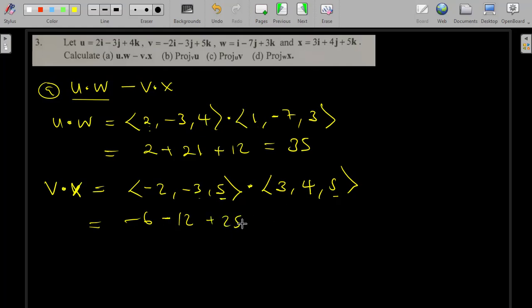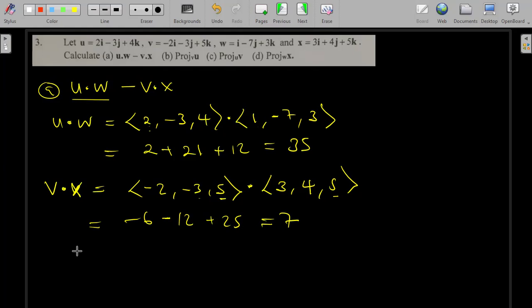Adding everything, 25 minus 6 minus 12 gives me 7. So this here is my dot product for v and x.